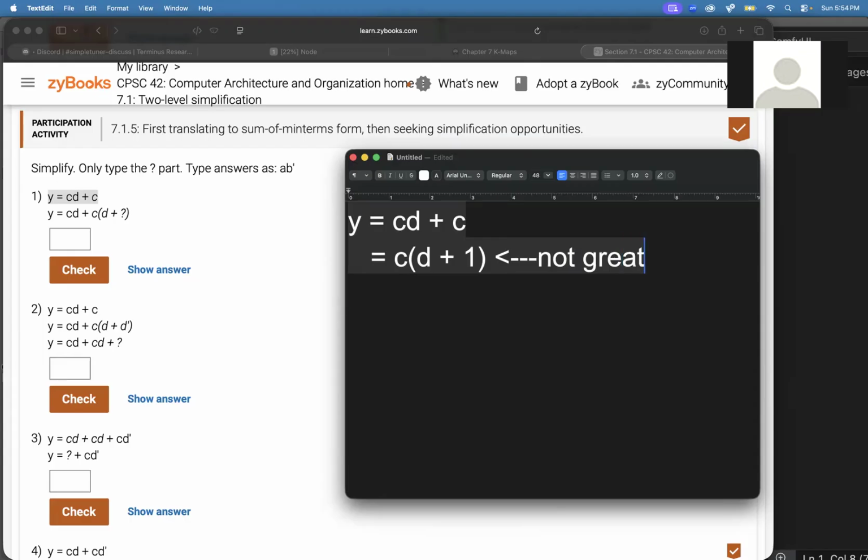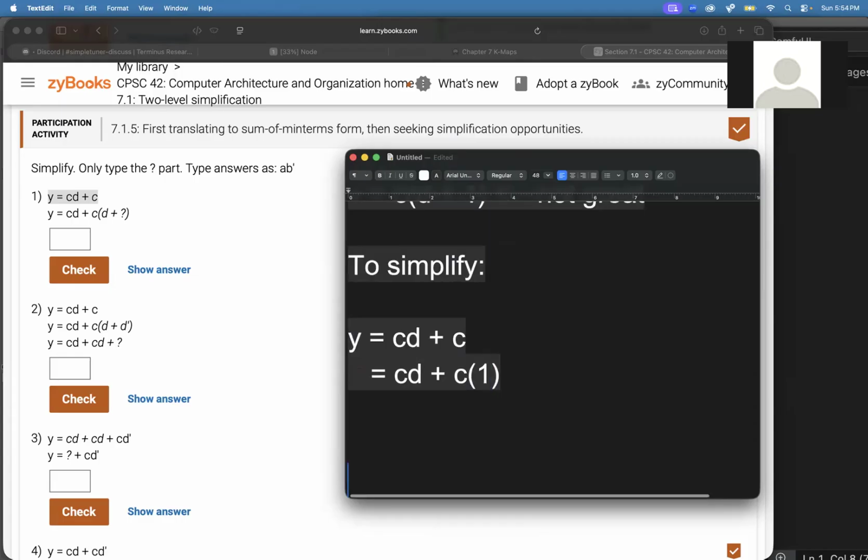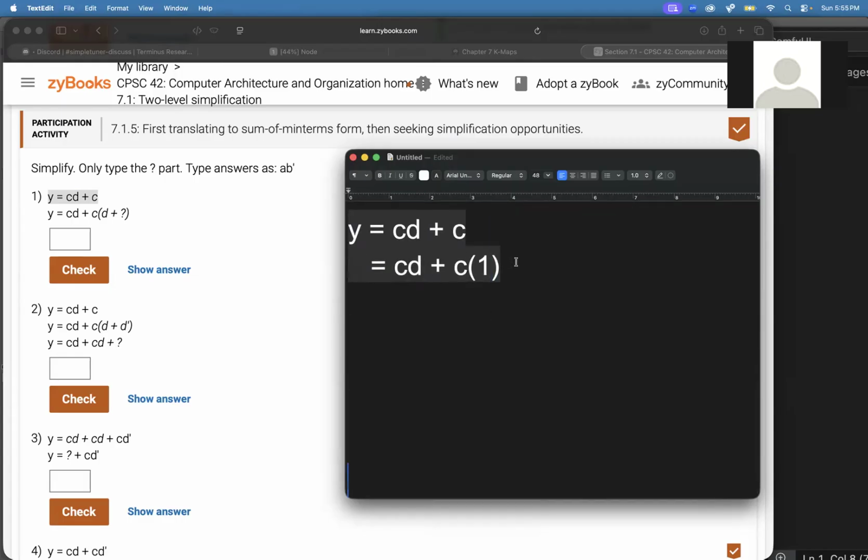Not great. So what they want you to do to simplify this is they want you to take this term right here. They want you to add a 1 here. So we're going to be basically working almost backwards compared to the previous simplifying we did.